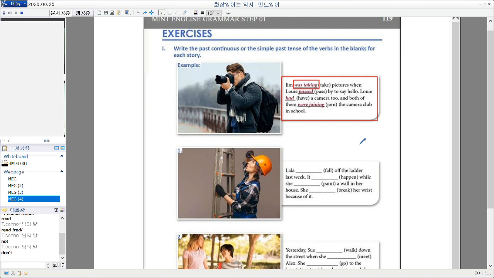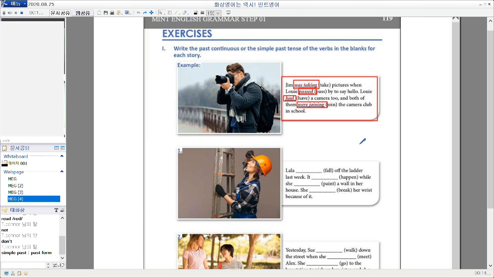That is past continuous. Had, simple past. Were joining, past continuous. There you go. So your clue is for simple past, you use just the past form of the verb.